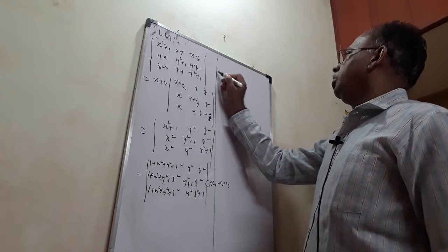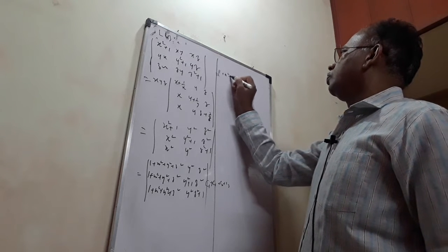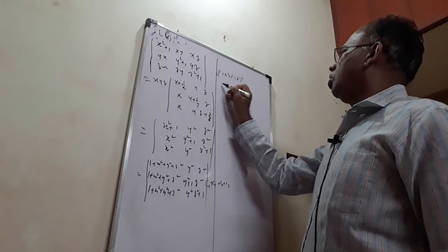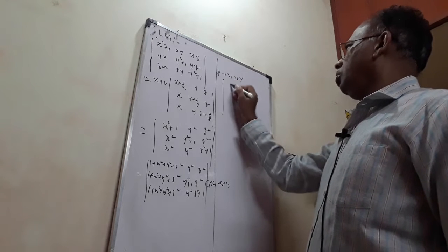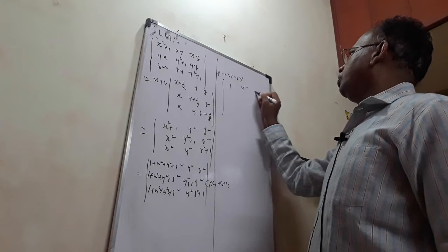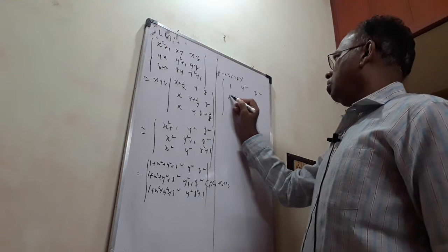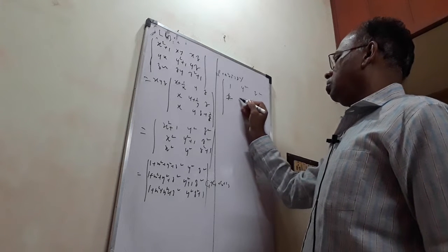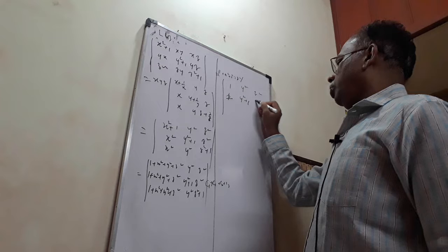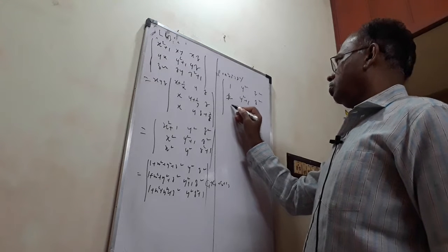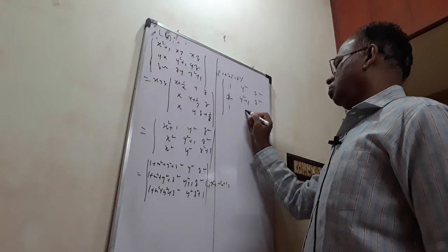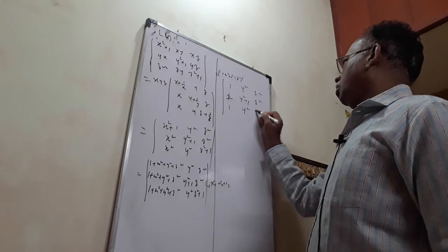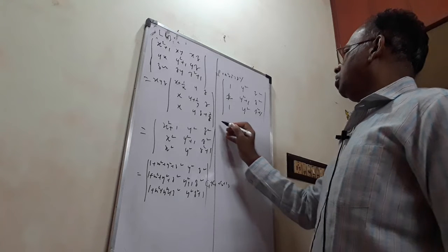Let me take 1 plus x square plus y square plus z square as common from C1. 1, y square, z square; 1, y square plus 1, z square; 1, y square, z square plus 1.